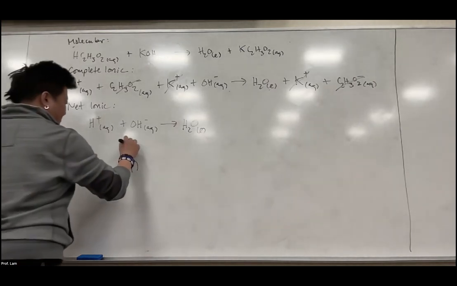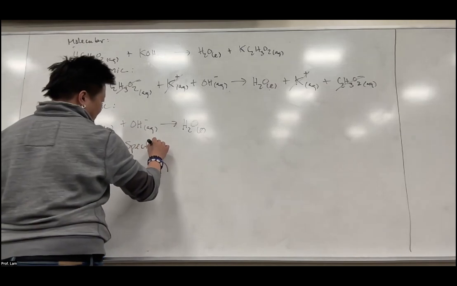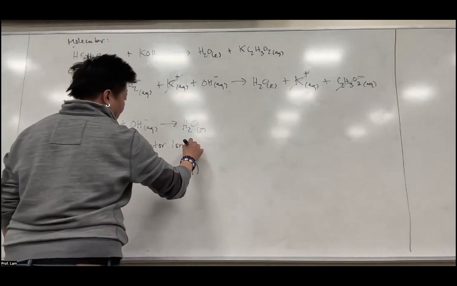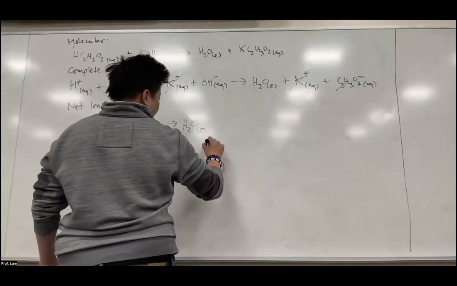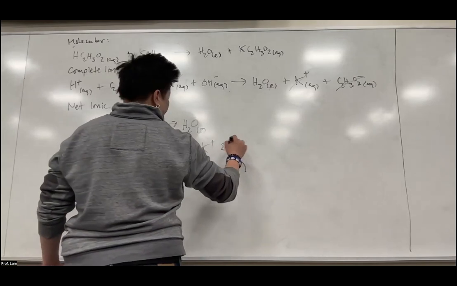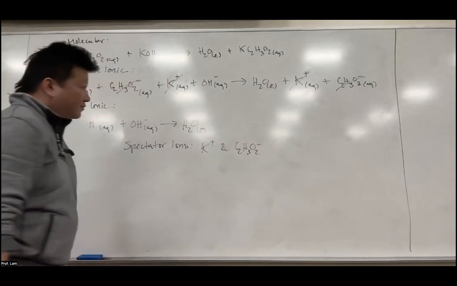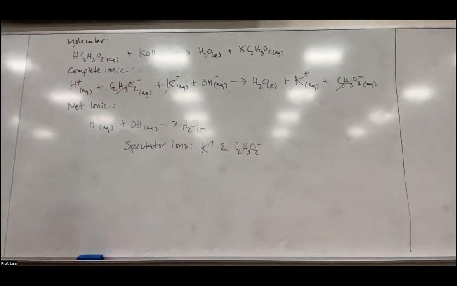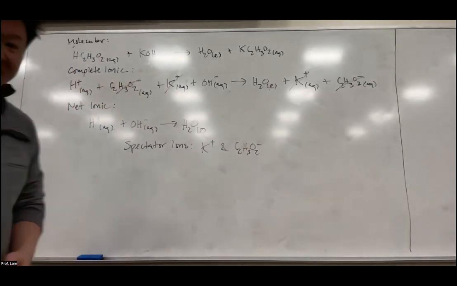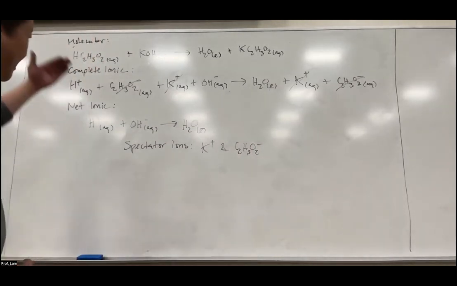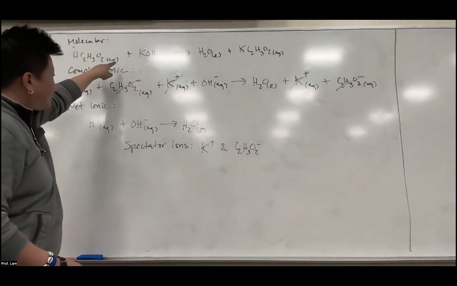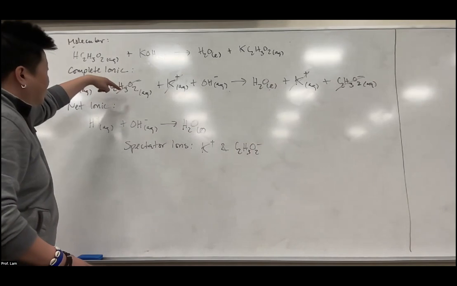Spectator ions: K plus and C2H3O2 minus. Okay. So very similar to last time, right? You do that every single time. Anytime you see aqueous, right, you split it up. Okay.